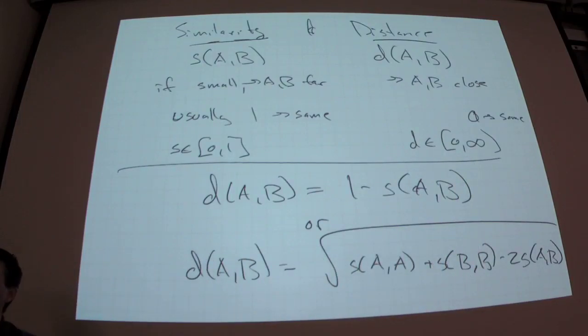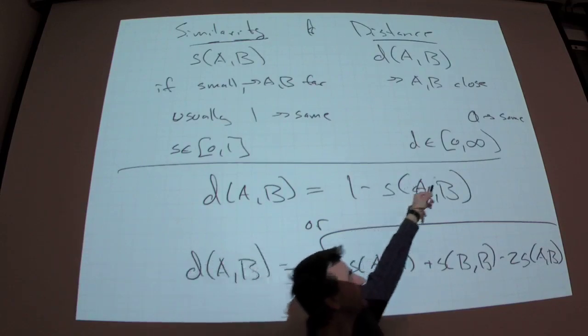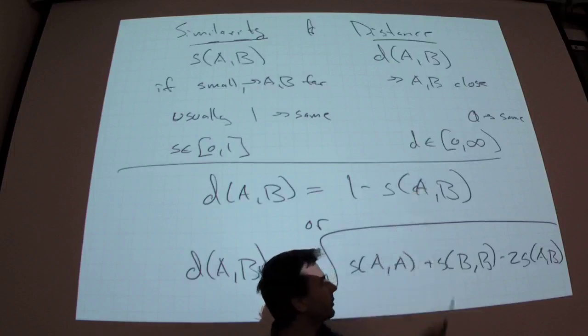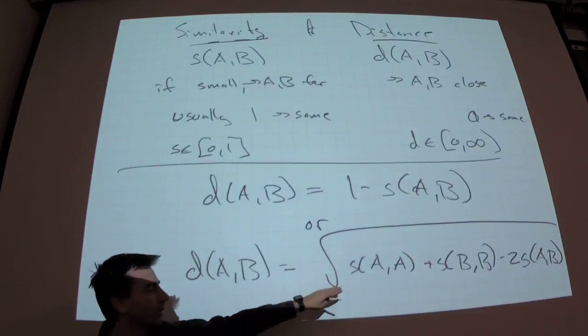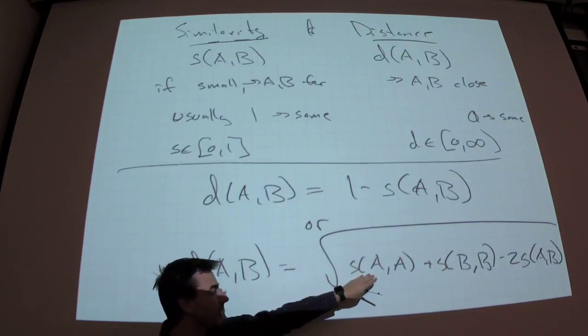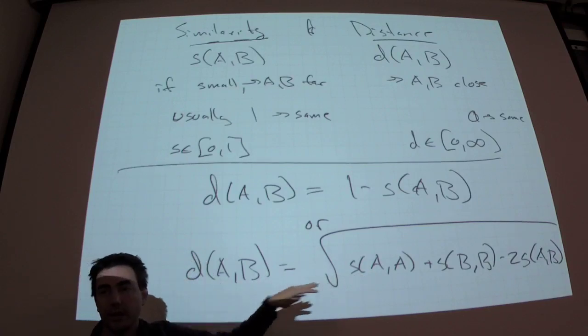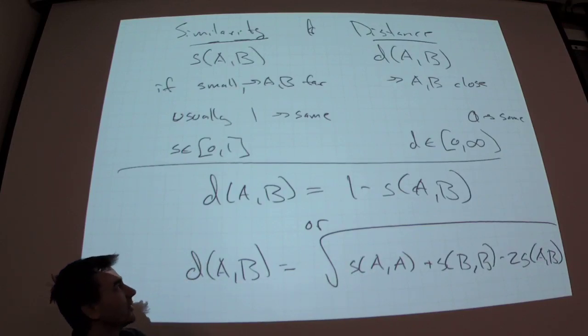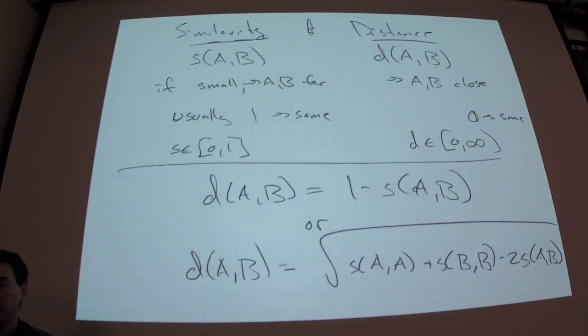If I'm talking about something like Euclidean distance, then the two vectors can be infinitely far apart. And if I use the dot product between them, then this will actually recover Euclidean distance. In that case, the dot product could also be infinitely large.